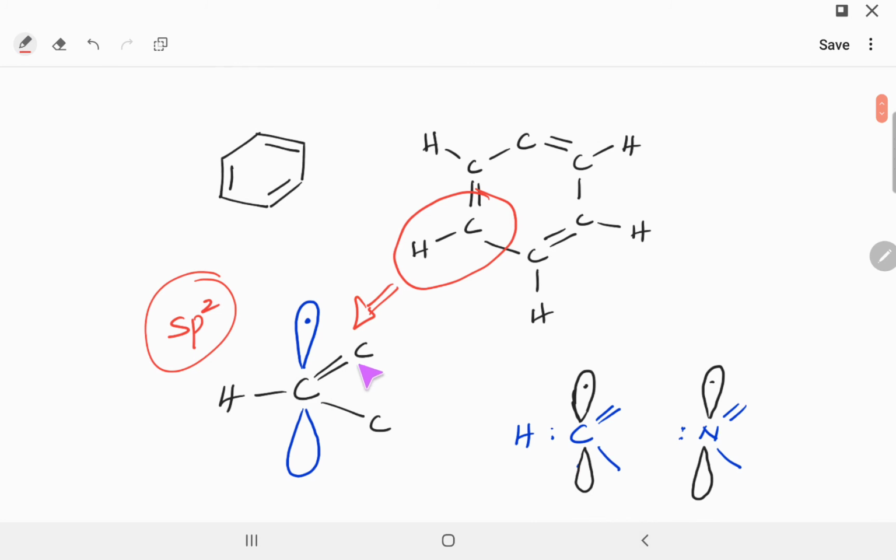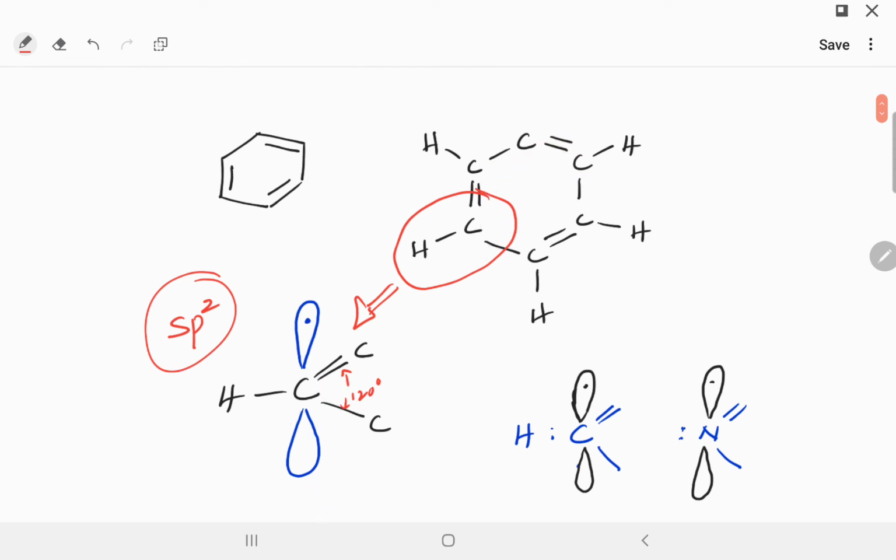That means you have a double bond and 2 single bonds, and the bond angle is around 120 degrees. Each carbon also has a p orbital which is perpendicular to the 3 bonds. So this is how each of these carbons looks.